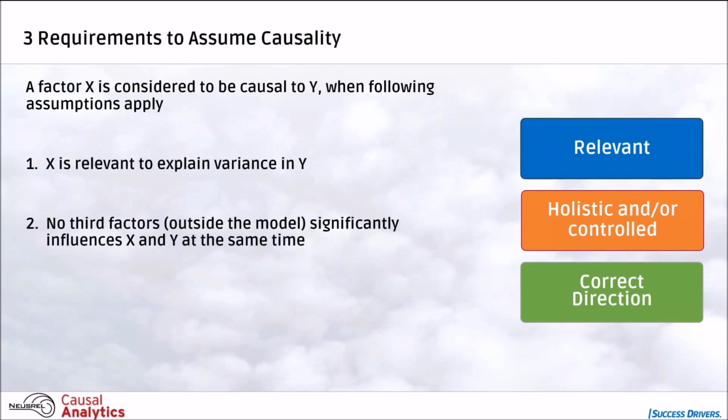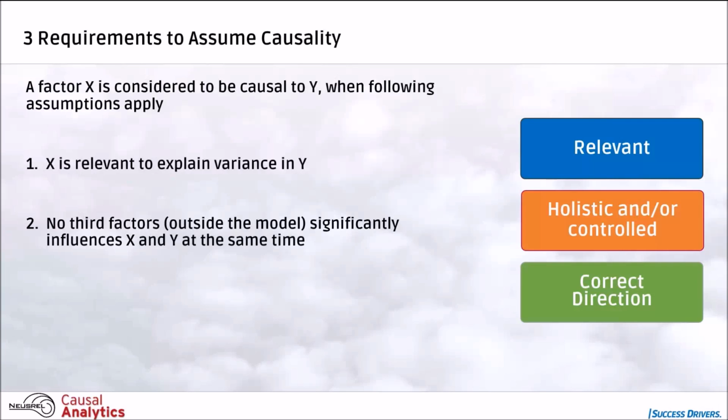Often it is not possible to do experiments. If it's not possible, we should strive to include the information which has an impact on this X and Y. Or if we don't know those factors, we might include information that might be indicators for this third factor.